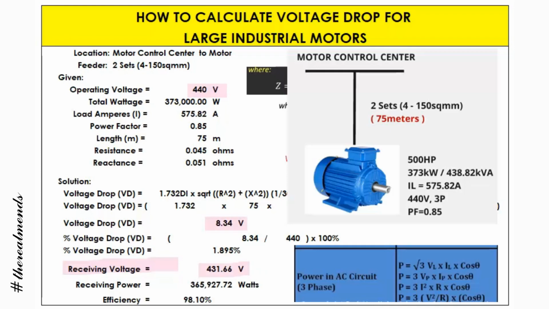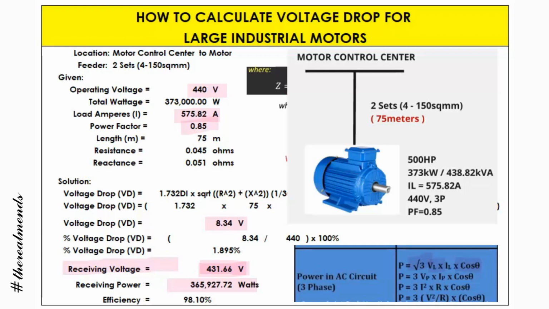Okay, and then to get for the receiving power, that is square root of 3 multiply by our VL, which is ito yung ating receiving voltage 431.66 volts, times the current, which is 575.82 amperes, and then the cosine theta or the power factor, which is 0.85.